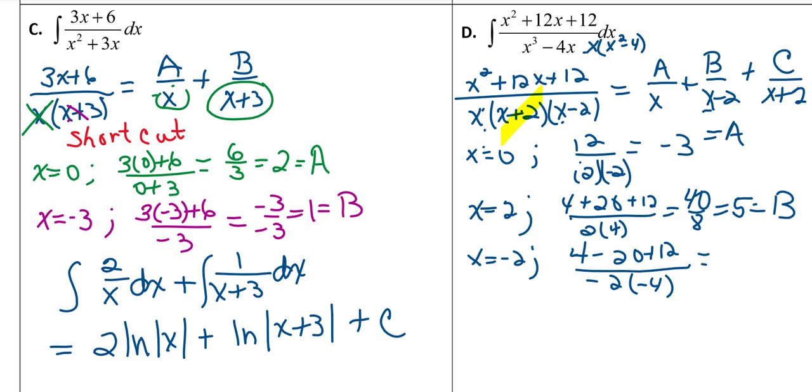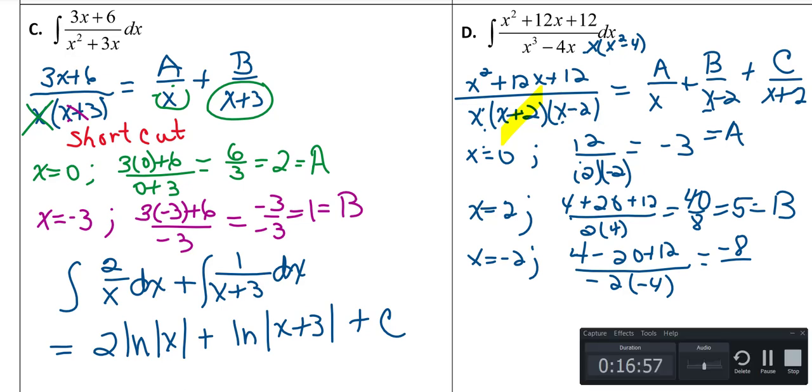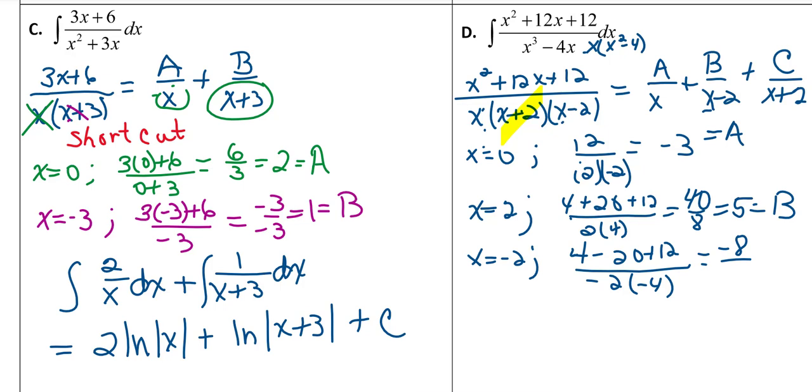So in the top I get negative 8, and in the bottom I get 8. So I have 16 minus 20, get negative 4. Okay, it helps if I can do basic multiplication. That should be negative 24 plus 12. So that'll be negative 8 over 8. So I get negative 1, which is my C.